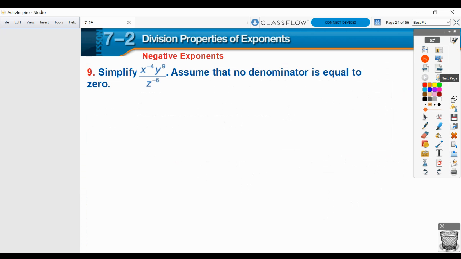Okay, so let's look at this example. You have x to the negative 4th, y to the 9th, over z to the negative 6th. What I like to do for these is I automatically draw a fraction bar so I know which is the top and which is the bottom. And then I just look at each variable.